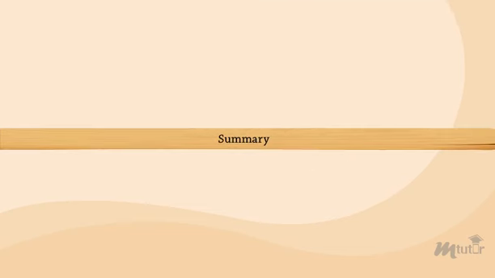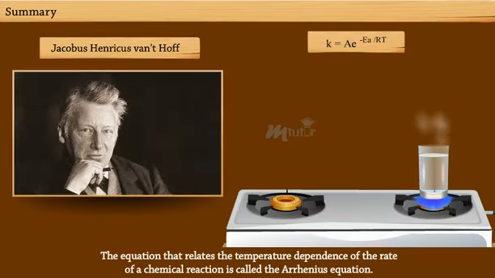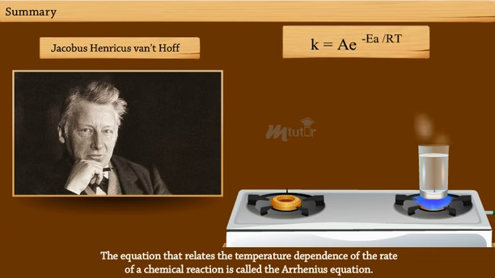Summary. From this lesson, you have learnt that for a chemical reaction, if the temperature is increased by 10 degrees Celsius, the rate constant, or the rate of a chemical reaction, is nearly doubled. The equation that relates the temperature dependence of the rate of a chemical reaction is called the Arrhenius equation.